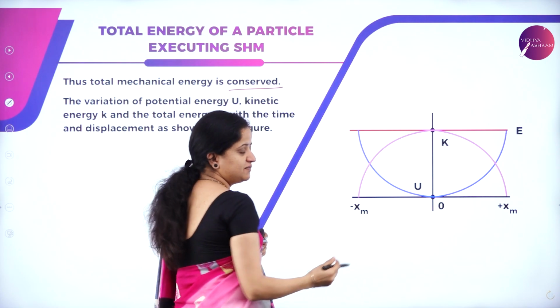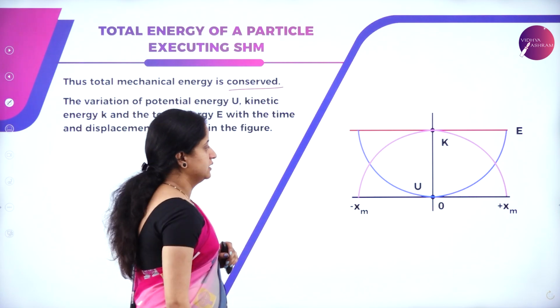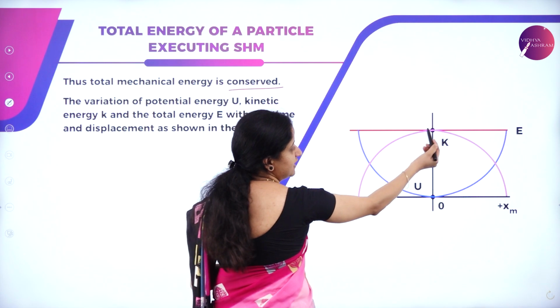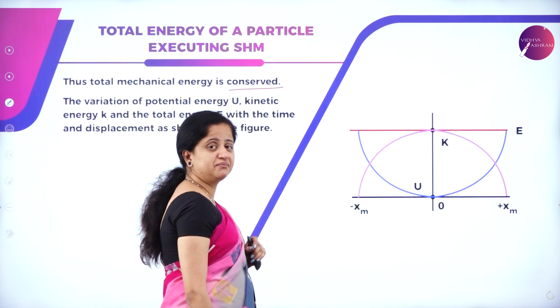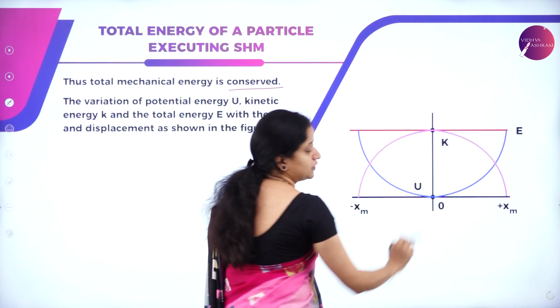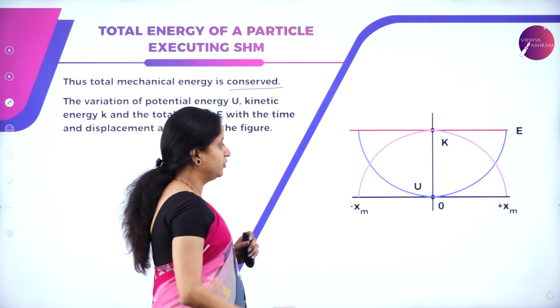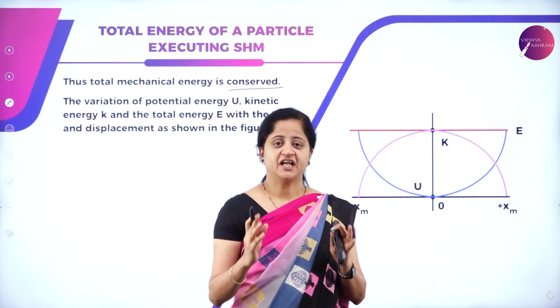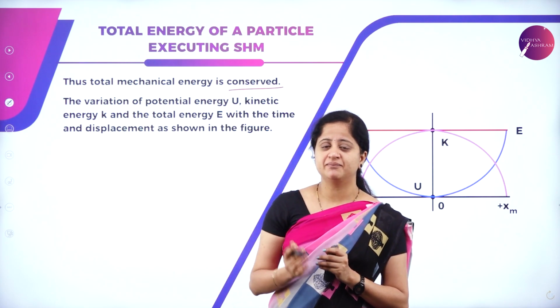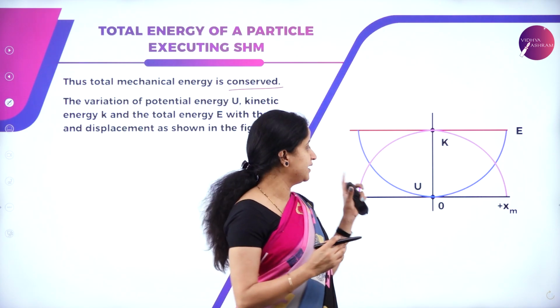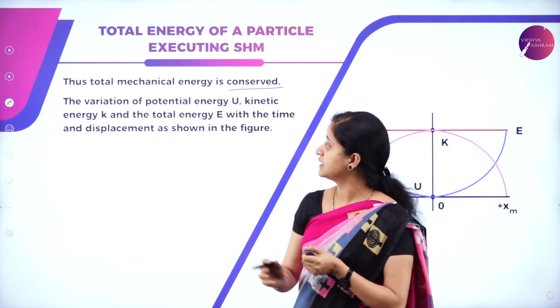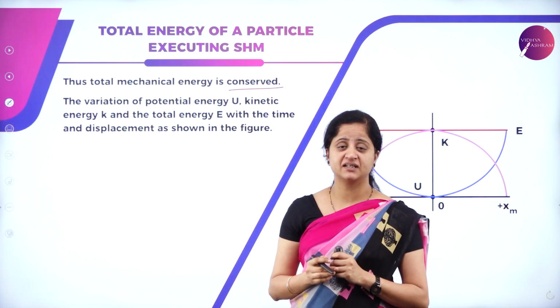Potential energy means energy due to its position. From this we can say that the kinetic energy is maximum at the mean point, and at extreme points potential energy is maximum. Though at various points the kinetic energy and potential energy vary, the sum of these two energies will remain constant, and hence we can say that the total mechanical energy is conserved.